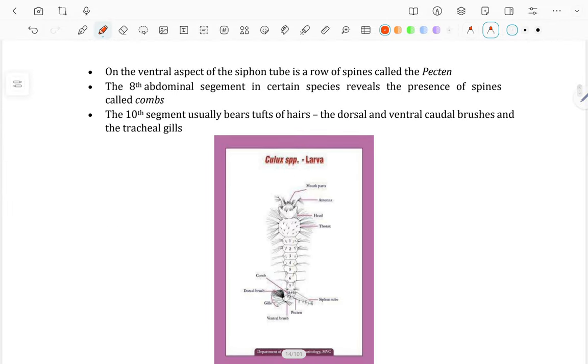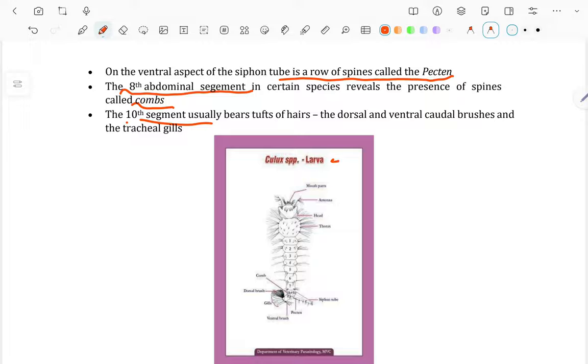On the ventral aspect of the siphon tube is a row of spines called the pecten. The 8th abdominal segment in certain species shows spines called the comb. The 10th segment usually bears tufts of hair, the dorsal and ventral caudal brushes, and the tracheal gills.